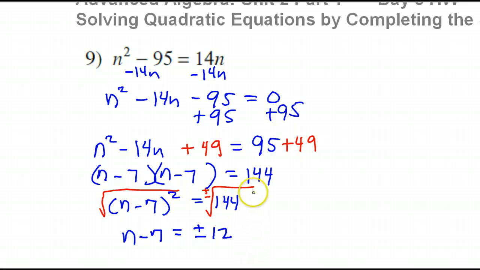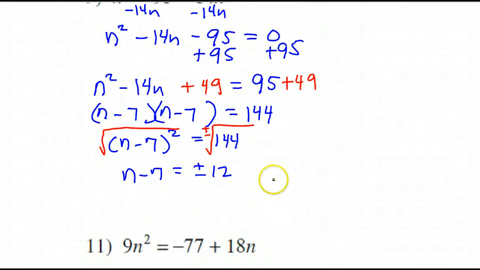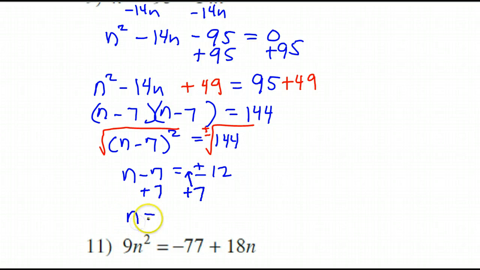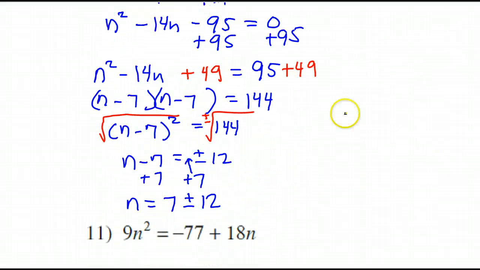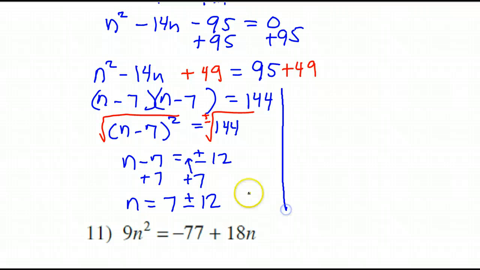All right, 144 is a perfect square, 12 times 12. All right, adding 7 to both sides and being careful to put this in the front is going to give me n is equal to 7 plus or minus 12. Let's just bring that up here.